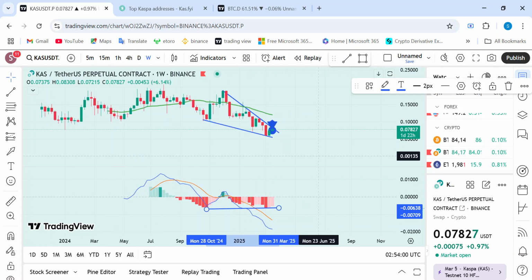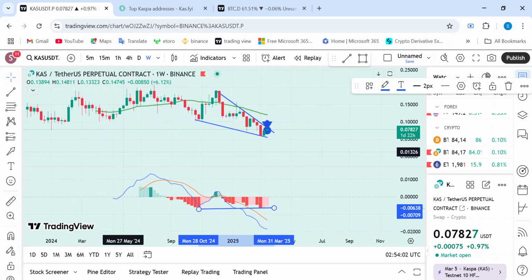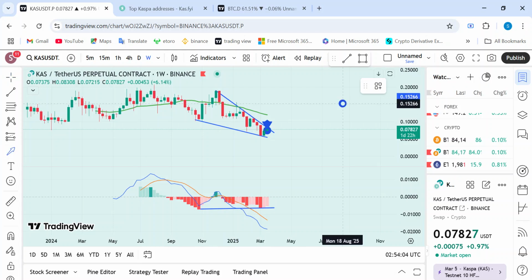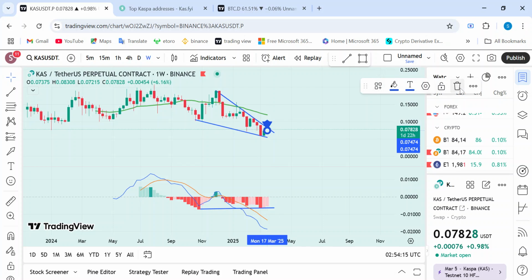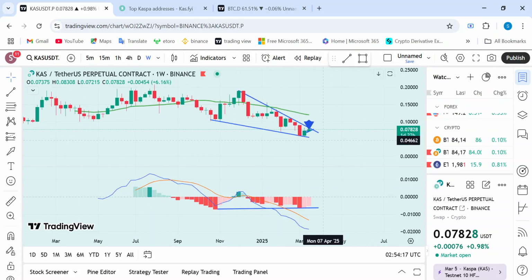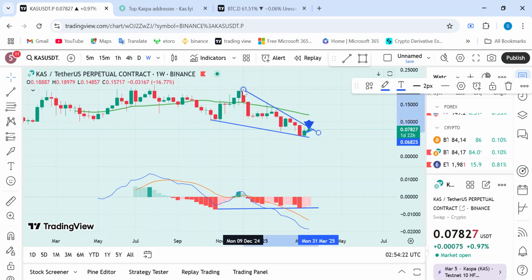I don't know how soon it's going to shift, but we are eventually going to retest this SMA, which is currently at 11.9 cents. And at the same time, if you look, let me remove this, we are approaching a weekly trend line. Usually weekly trend lines are very strong.